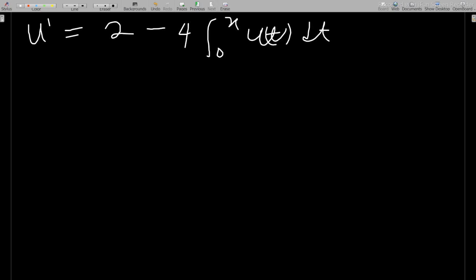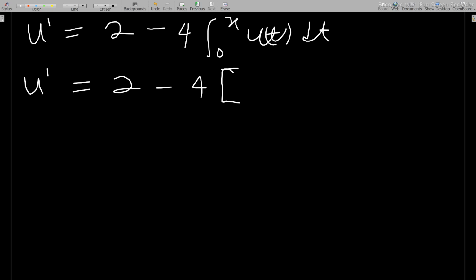Now, I can go ahead and integrate this because I have only a function of t and I'm integrating with respect to t, okay? So I'll go ahead and integrate it. I'm not actually differentiating; I'm integrating whatever is under the integral sign. So 2 minus 4 into, when I integrate a function of u or a function of t, I'll still get a function of t.